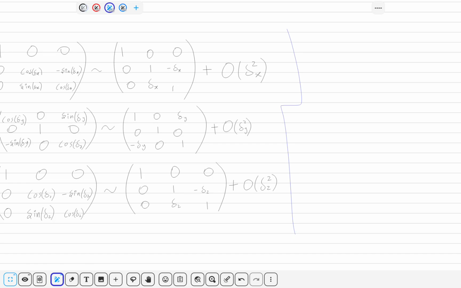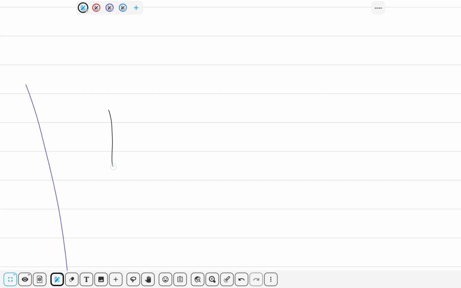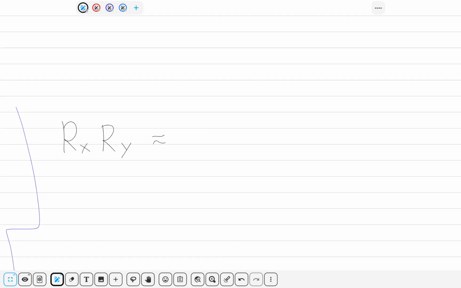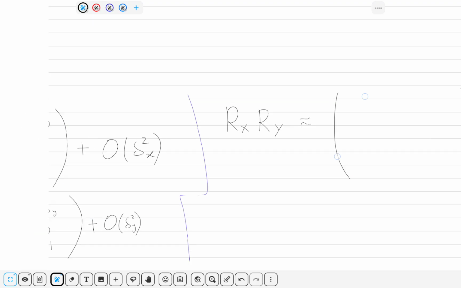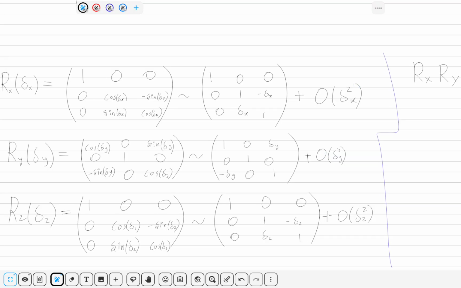So now when I first do about the x-axis, then about the y-axis, let me do the matrix multiplication here. So first about the x and about the y.